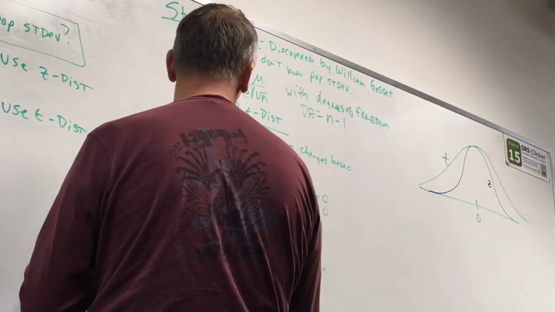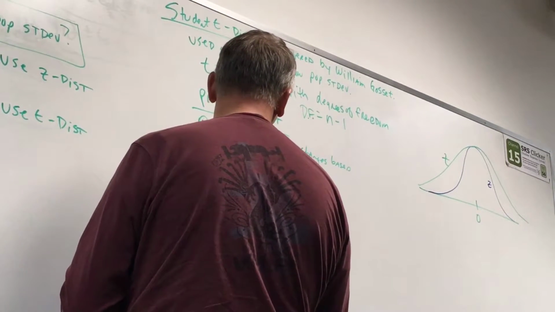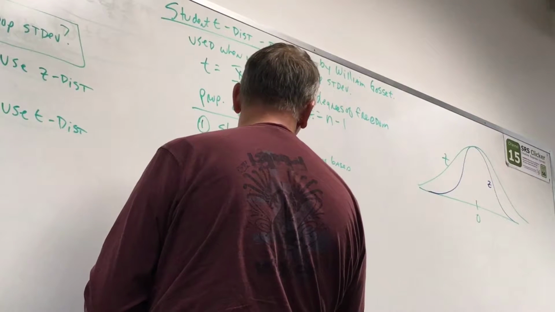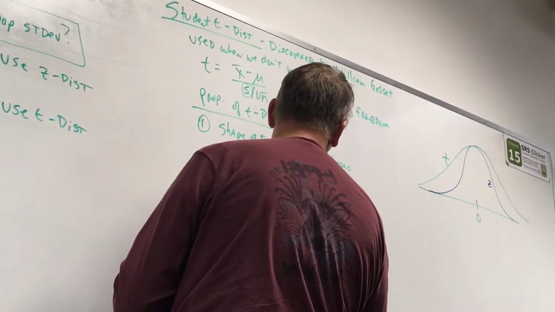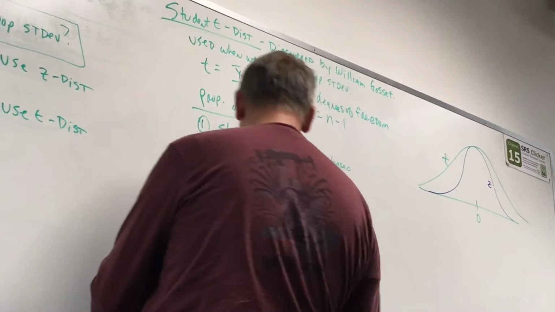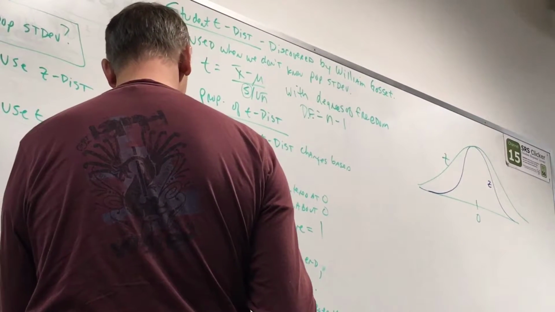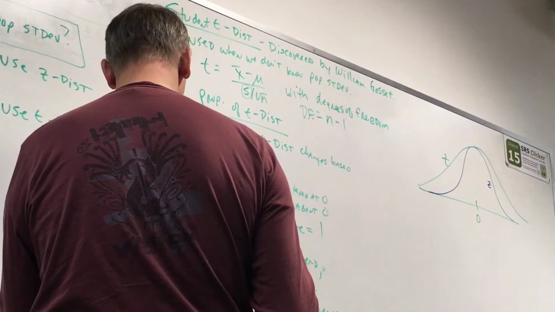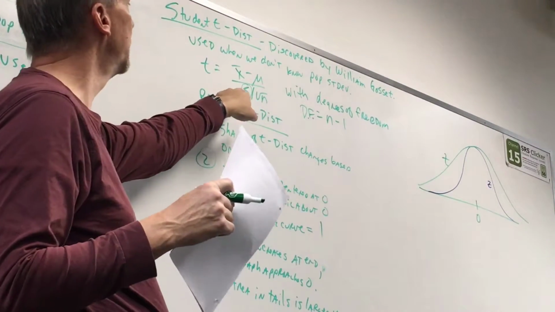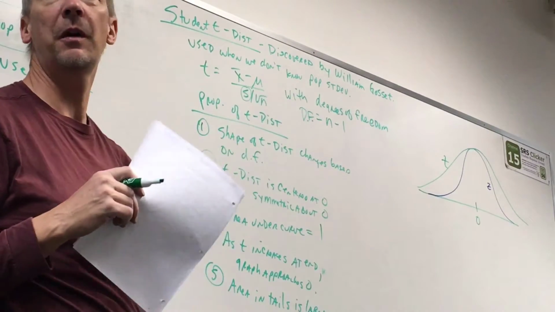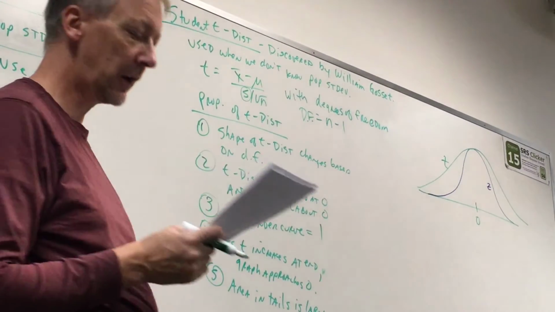And number 5, the area in the tails is larger than the z distribution. And the reason why the area is larger is because we're using the sample deviation as opposed to the population deviation. Okay?